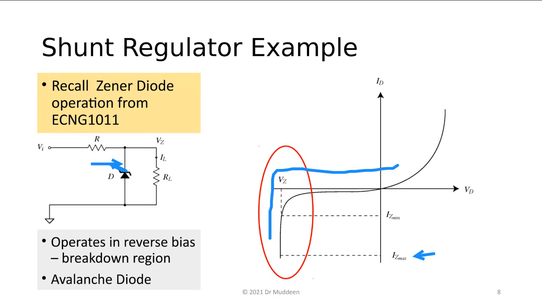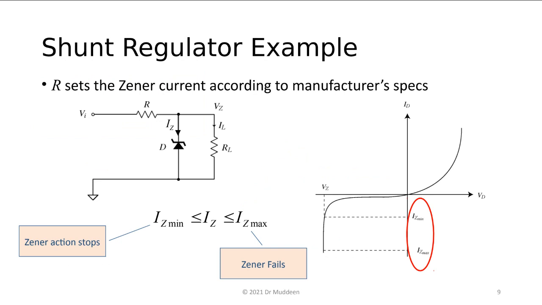The minimum current is the one where the Zener switch is on, right? So at this point here, you have to supply the Zener with some current to get to that point. And then while you're there, you have to make sure that you keep that current below this other value here. So you want to operate it somewhere in this range here.